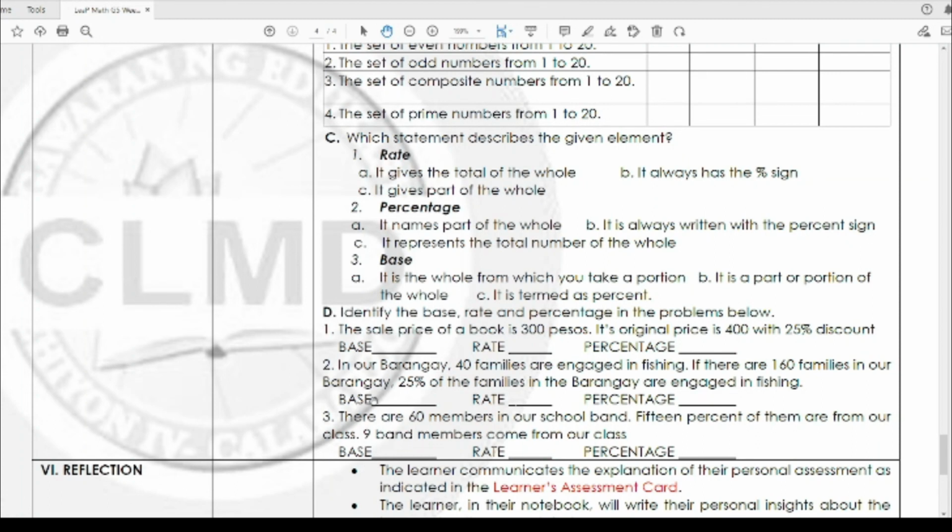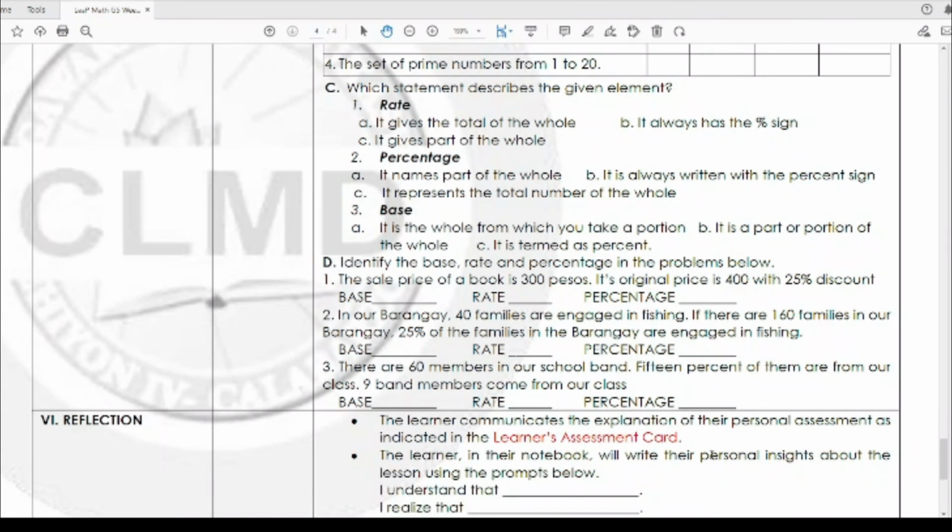Okay, write your base, the rate and percentage from this problem. Number 3, there are 60 members in our school band. 15% of them are from our class. 9 band members come from our class. So write your base, rate, and percentage.